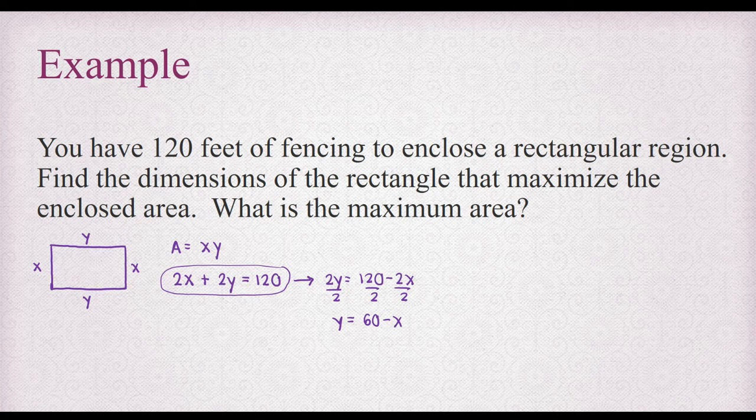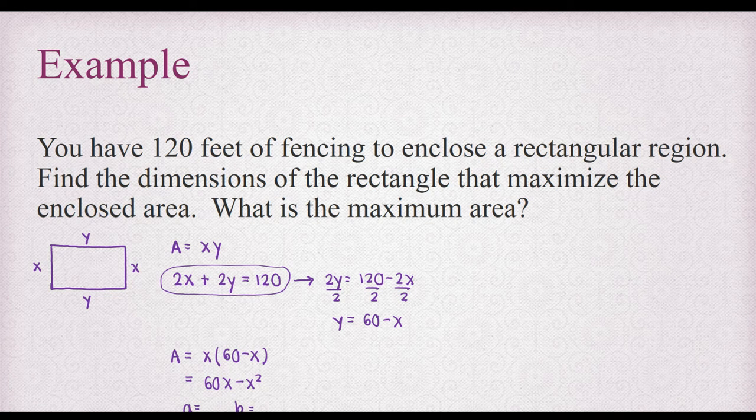Going back to that top equation, I know that my area is going to equal x times, and now I'm going to replace y with 60 minus x. I'm going to distribute to get it into that standard form. So x times 60 is 60x, x times negative x is negative x squared. So this is in the standard quadratic form that I want, and I can identify a and b so I can start solving for x.